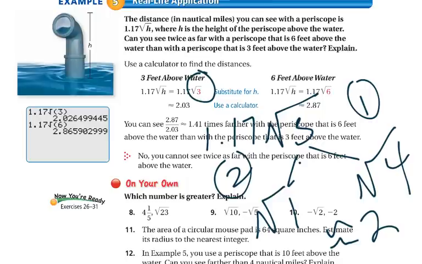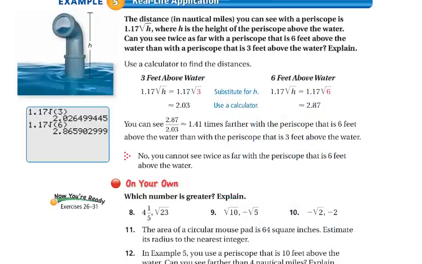So what I would want you to do is put here, instead of the decimal they put for the square root of 3, 1.17 times what was our answer, 2. Okay? Because we're estimating to the nearest whole number, and that's the standard. So that's what I would like you to do.